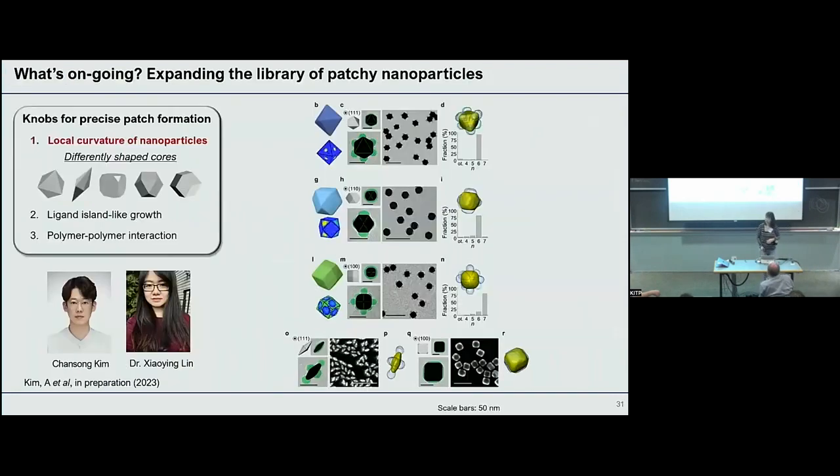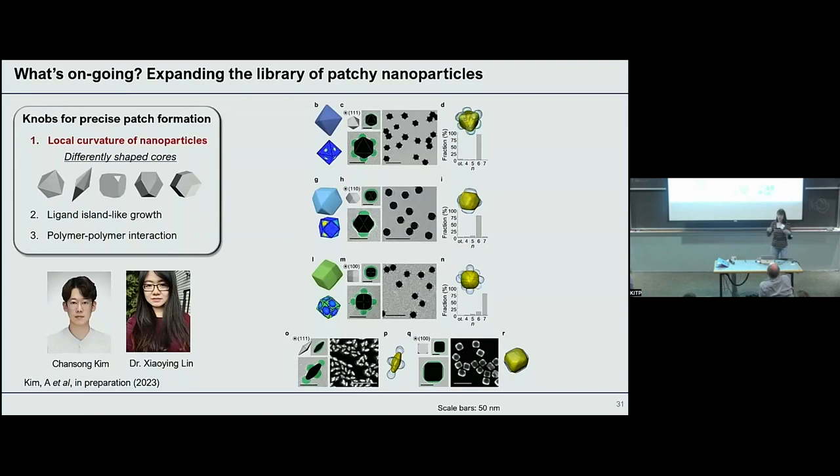In terms of what is ongoing right now, we revisited the first lever in our patchy nanoparticle synthesis, which is how to control local curvature of the nanoparticles to determine where the patches absorb onto. So this is when we go back to look at a huge nanoparticle shape library as shown here. And this can really show us the capability of the method.